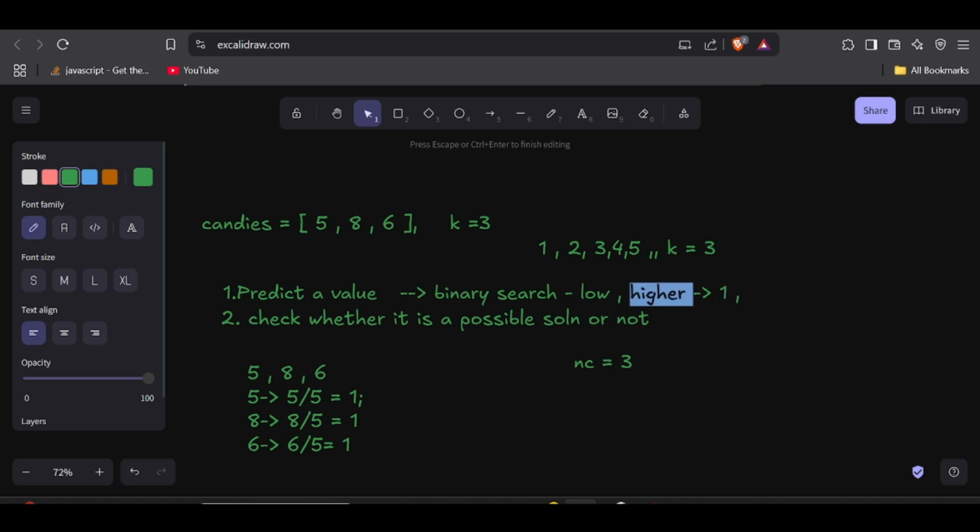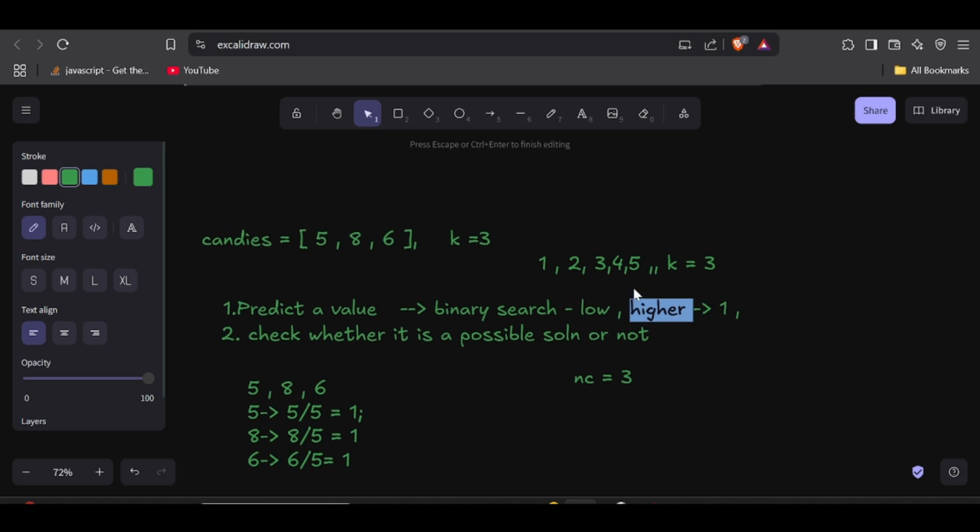Now let's come to the higher one. How I'm going to find what can be my highest possible solution? So in this question, it was 5, it was not 6. So is it the thing that the smallest element in the array is my highest limit?